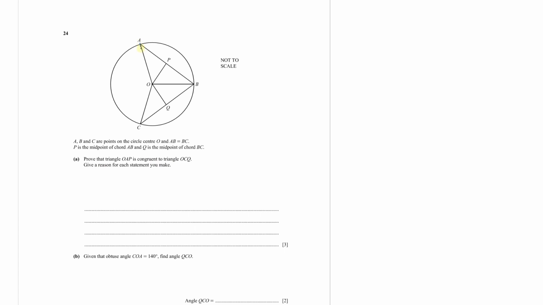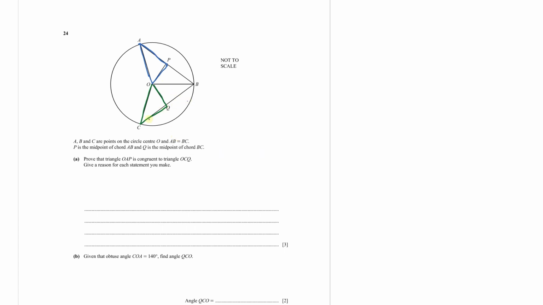So OAP is this one, and the other one is OCQ, this one here. So we have to prove that these two are congruent.